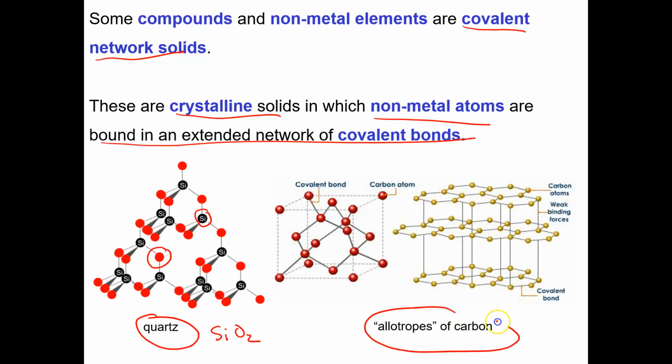Carbon has 2 common naturally occurring allotropes, different forms of the element. Famously, there is diamond, and in diamond, every carbon atom is sp3 hybridized and covalently bonded to 4 other carbon atoms.